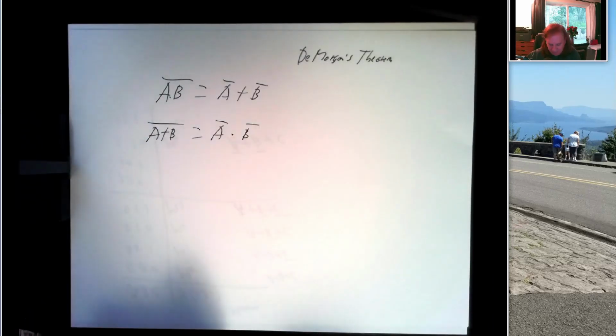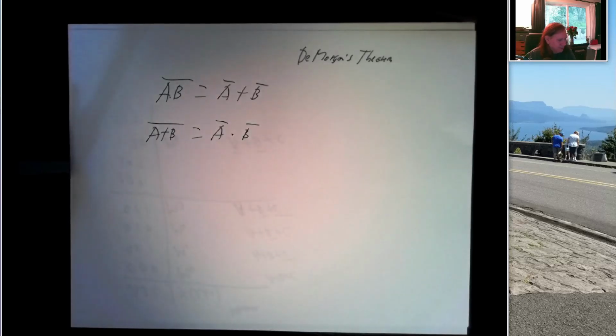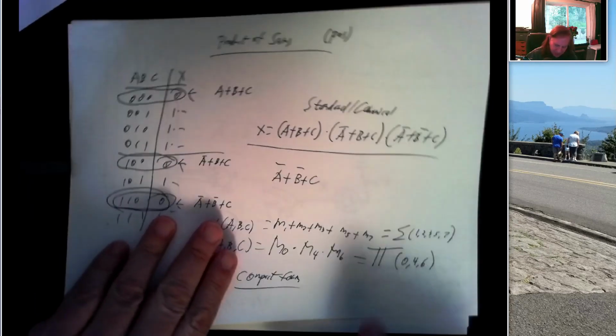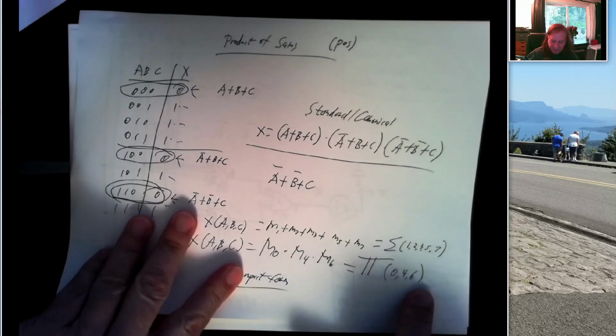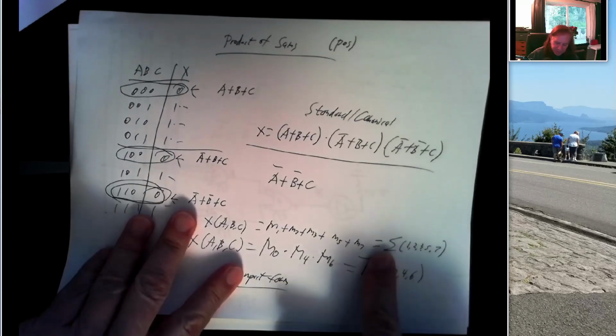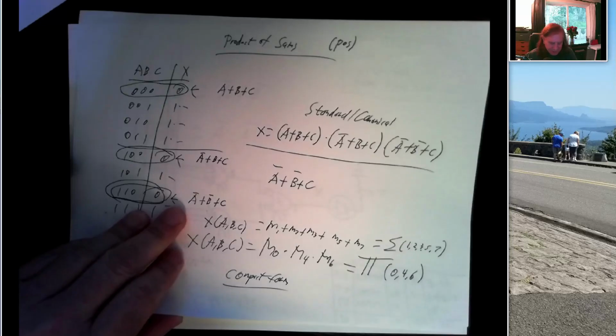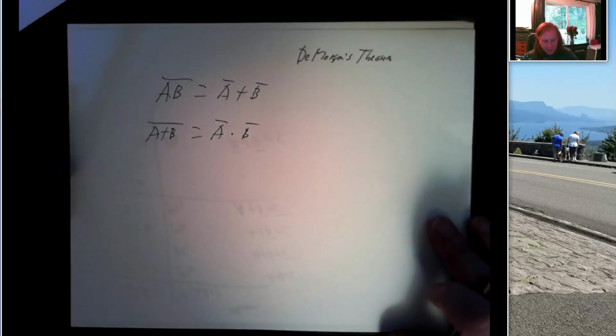And so we can work with that in some of the exercises and see what exactly the connection is and why we're seeing this behavior of, you know, the product of 0, 4, 6 or the sum of the other min terms give us the same equation. All right, so that's product of sums, and anything we can do with sum of products we can do with product of sums. They really go back and forth.